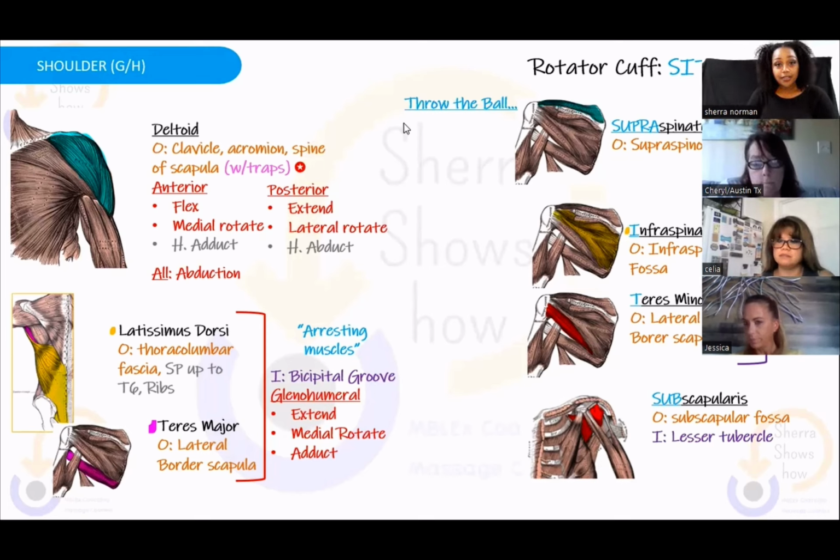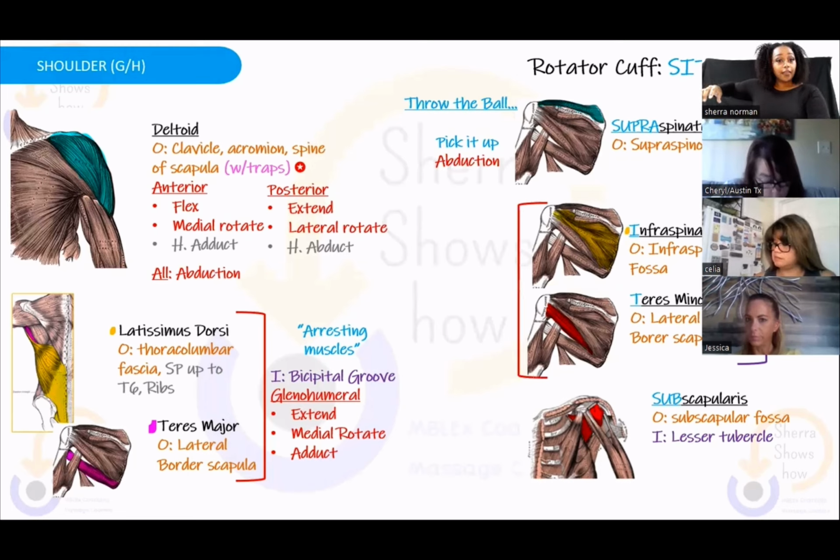And for the actions, if you remember them in this order, you also remember the actions because we're going to throw the ball. First we're going to pick up the ball, so we're going to abduct. Supraspinatus abducts to pick up the ball. Then these two work together because Teres is always a flunky. They're going to wind it up, so they're going to laterally rotate. Remember, lateral rotation is external rotation.